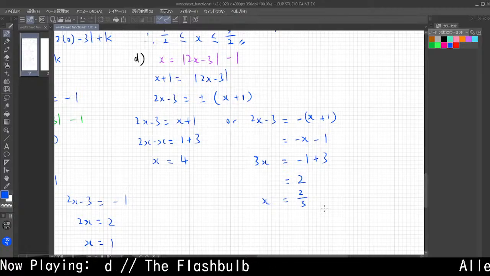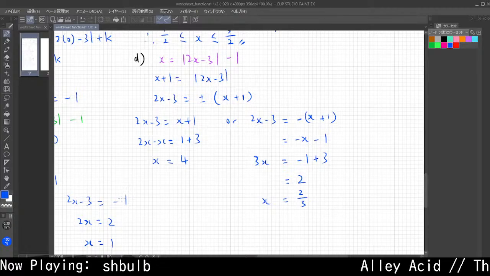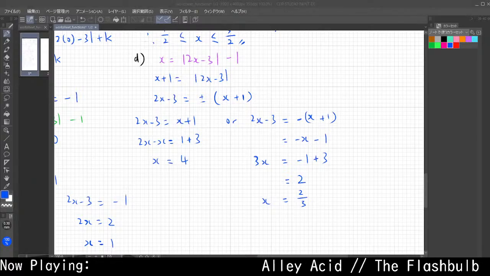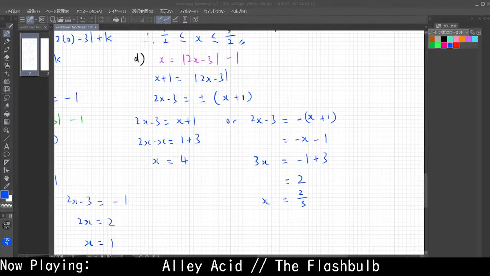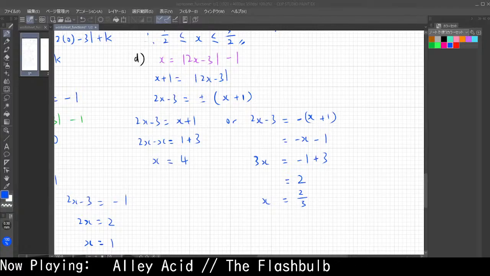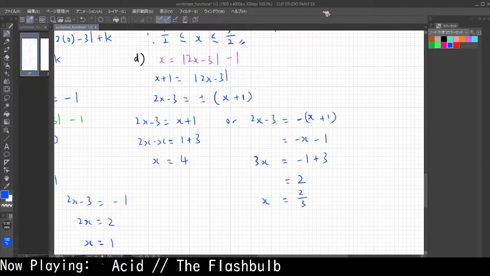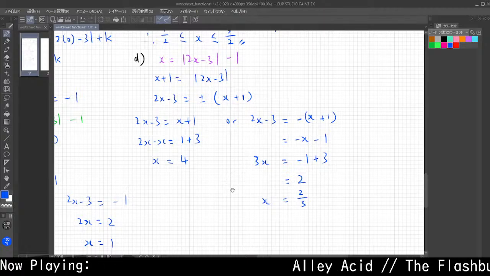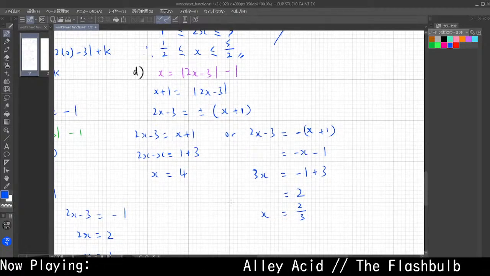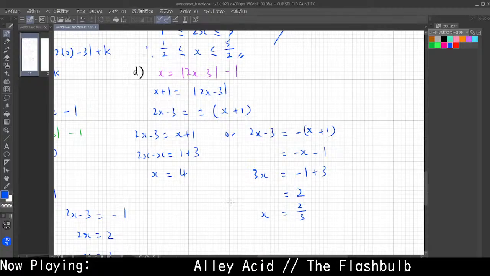The given domain, let me check, in this case is 0 less than or equal to x less than or equal to 4. Since both x's fall within the domain, both are answers.